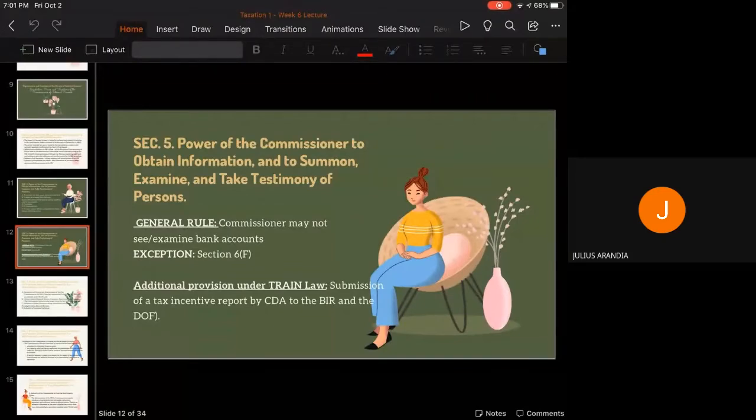So under the TRAIN law, there is an additional requirement wherein the BIR is required to submit a tax incentive report to the CDA and the Department of Finance.